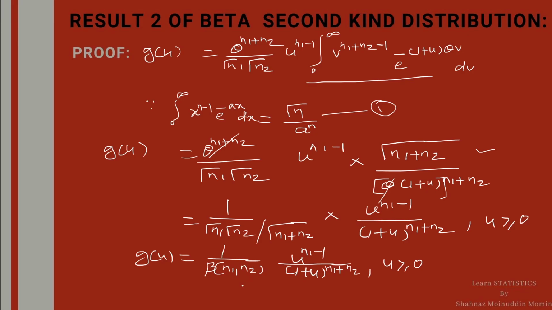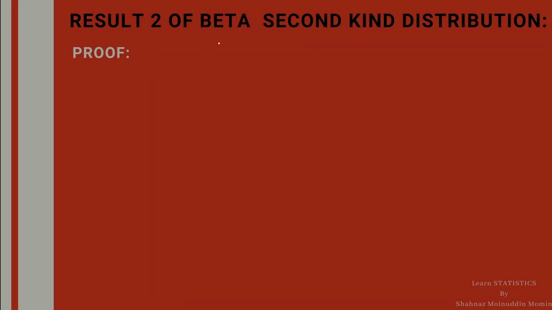Hence, if X and Y are independent gamma variates, then the ratio X upon Y follows beta distribution of second kind with parameters n1 and n2. Hence the result.